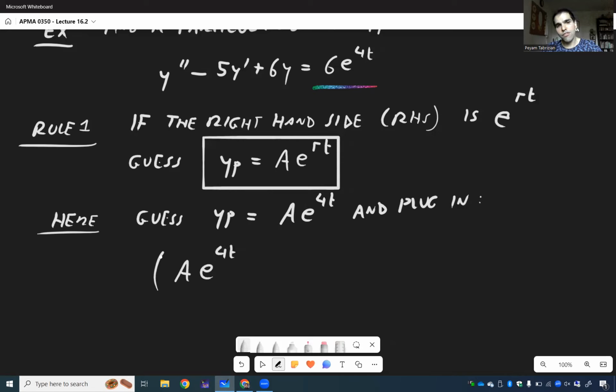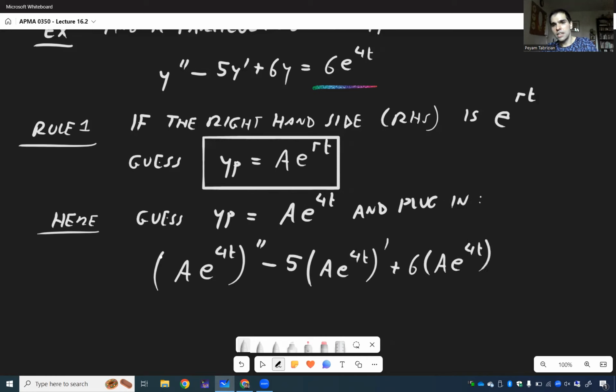So a e to the 4t double prime minus 5 a e to the 4t prime plus 6 a e to the 4t equals 6e to the 4t.